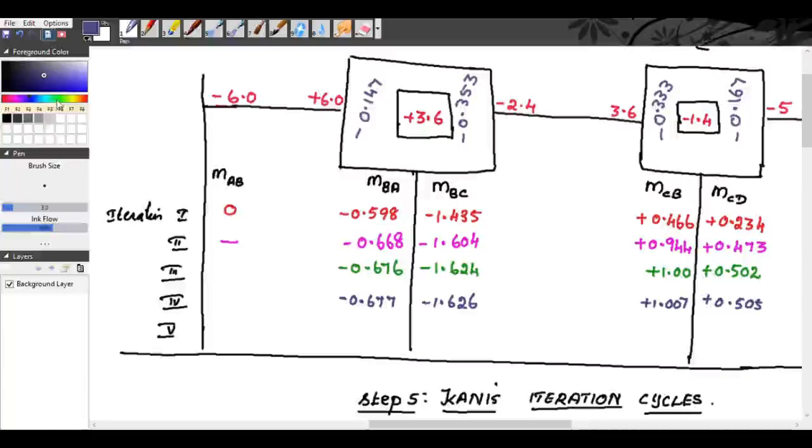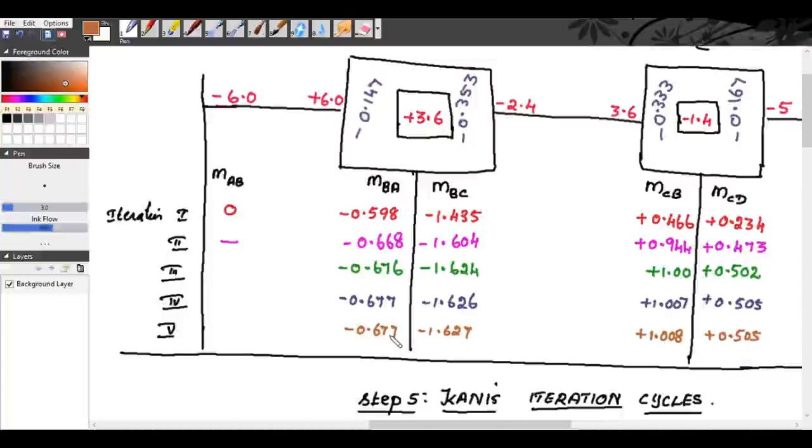And we will get the fifth iteration as plus 1.008, plus 0.505, minus 1.627, minus 0.677.